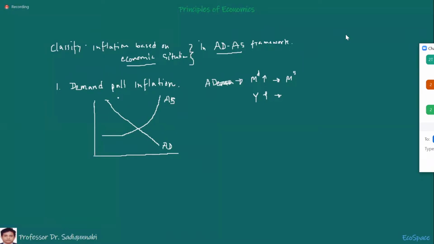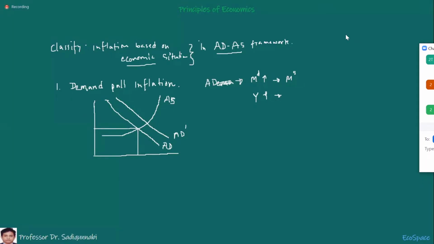Aggregate demand shifts forward to AD prime. Previously the equilibrium was this much and the price level was that much.